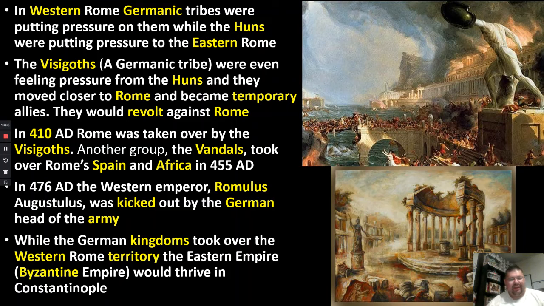Then they finally collapsed. But yeah, they lasted for quite a while. So some of those people consider themselves Romans, even though Rome was technically now gone, destroyed, and taken piece by piece by the German tribes and the barbarians.